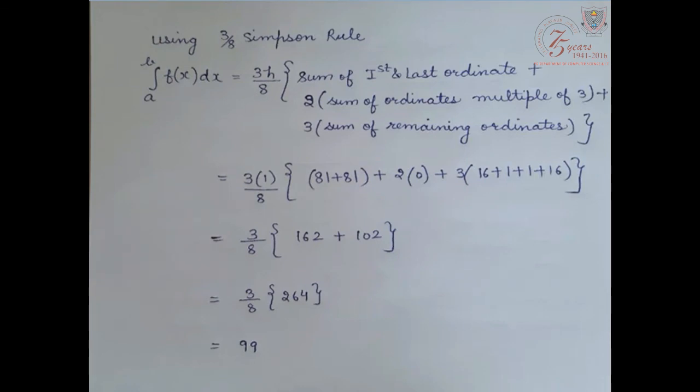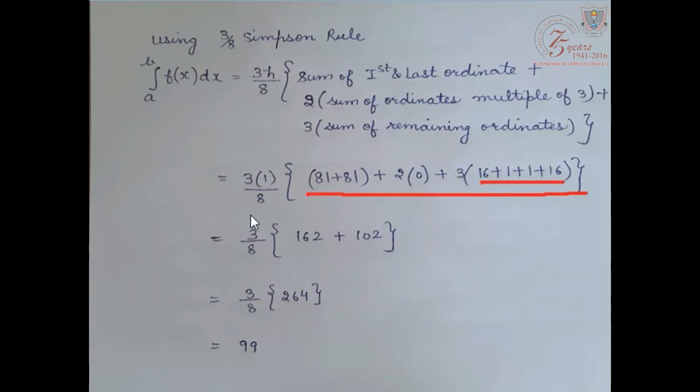You can see we have put all the values at the subsequent places. The value of the first and last ordinate is 81 and again 81. The value of the ordinate that is a multiple of 3 is 0. The values of the remaining ordinates are 16, 1, 1 and 16.